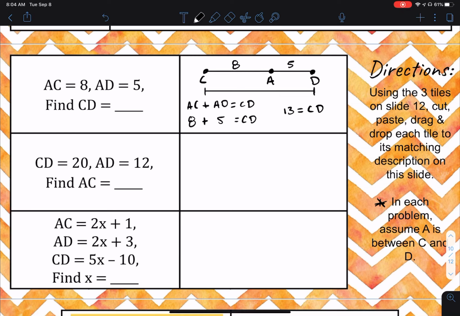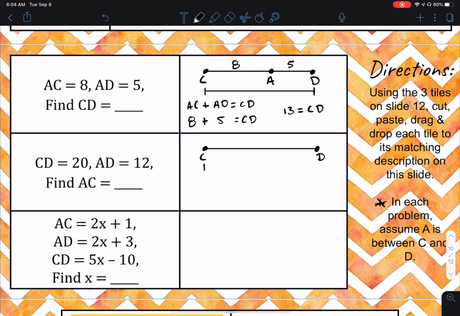Let's do the same thing for the next one. All right, here's my 2 endpoints. I know that that is C and I know that's D. Because again, down here in the directions, it told me in each problem, assume that A is between C and D. So it's telling me that the total distance here for the first one says CD is equal to 20.